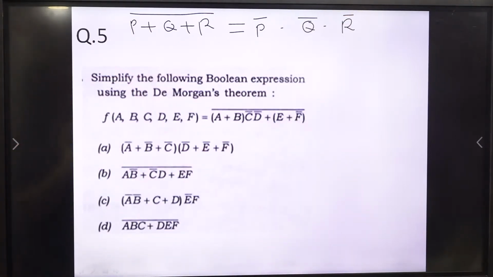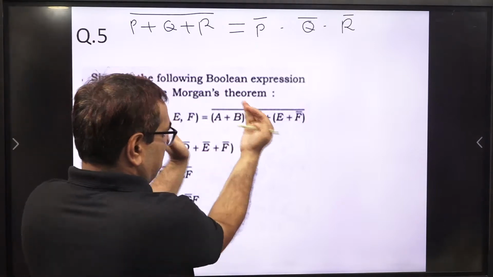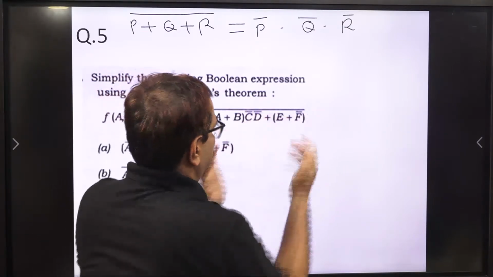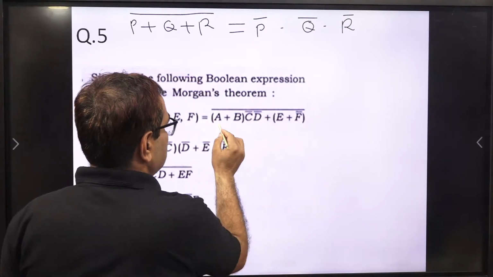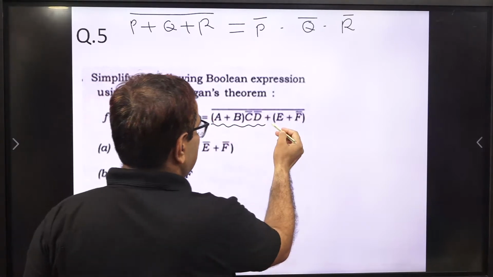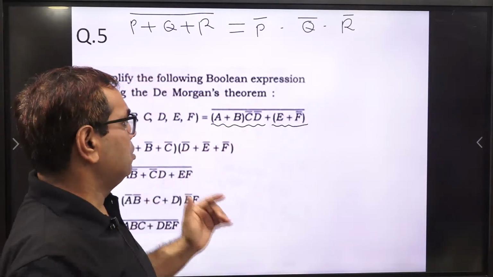Now in this question, what we are getting is (a plus b) in bracket into c bar into d bar, then plus, and then another bracket. Suppose we take this as one term, say p, and this as another term, so we can say it is (p plus q) whole bar.